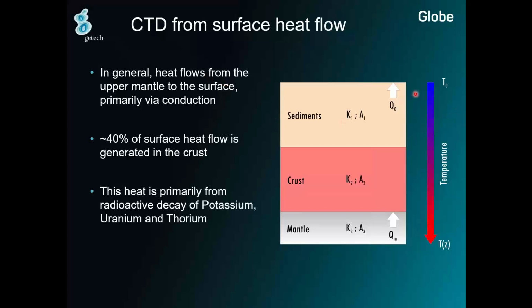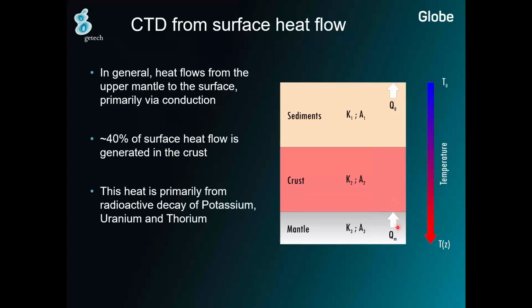So here again, we have our model. Temperature is increasing with depth, and therefore heat flows from deep to the surface. And so here we have the MOHO, and the heat flows from the mantle and impinges then on these crustal layers, which have different values of K, the thermal conductivity, and A, the radiogenic heat production.